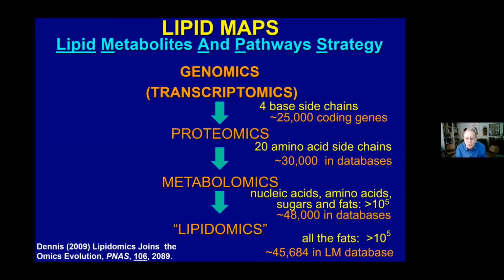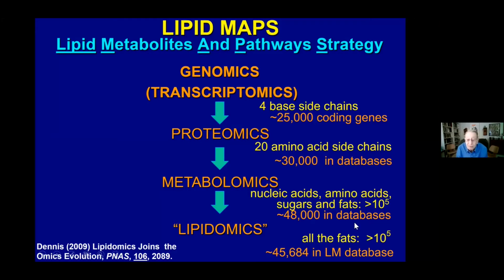And as we now know, there are only about 25,000 coding genes in the human genome. Proteomics is more challenging because there are 20 amino acid side chains and pre and post translational modification. And with that, there are about 30,000 unique proteins in the databases.